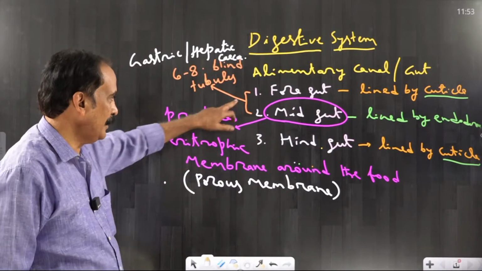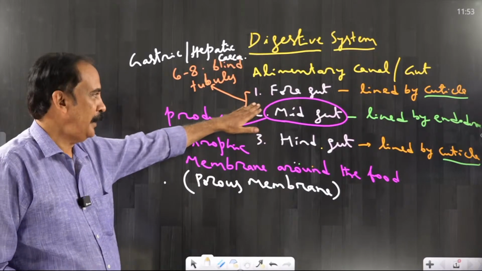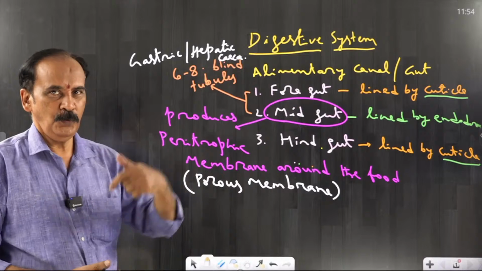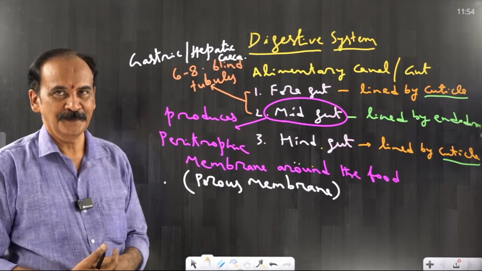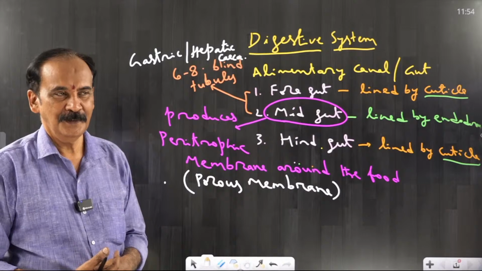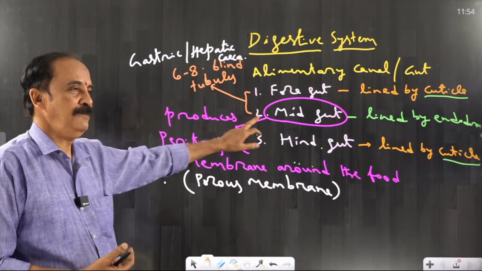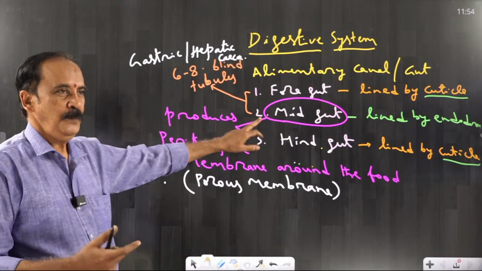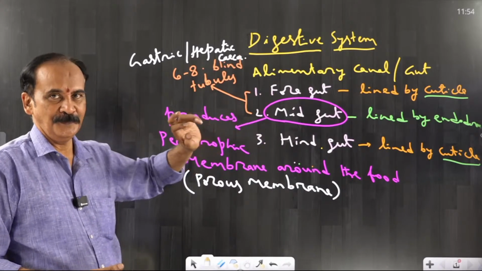So, they are present at the junction of foregut and midgut. Now, where do they open? Do they open into foregut or do they open into midgut?